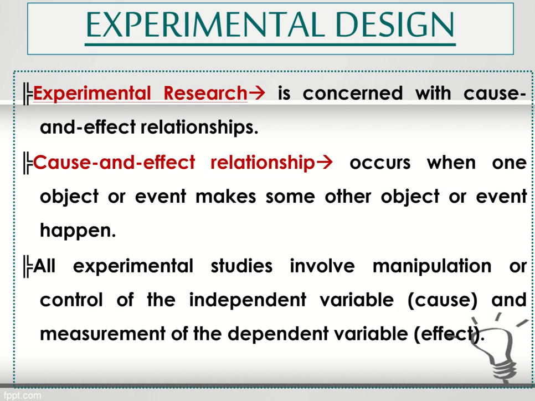For example, weight gain could be considered an effect or side effect of taking certain medications, which is our cause. Note that all experimental studies involve manipulation or control of the independent variable, which is our cause, and measurement of the dependent variable, which is our effect.